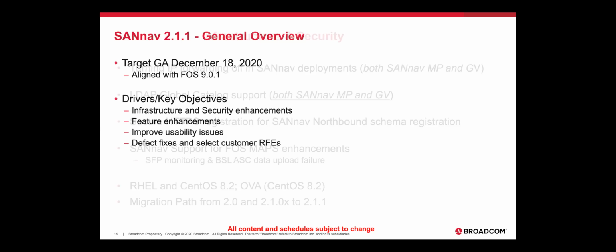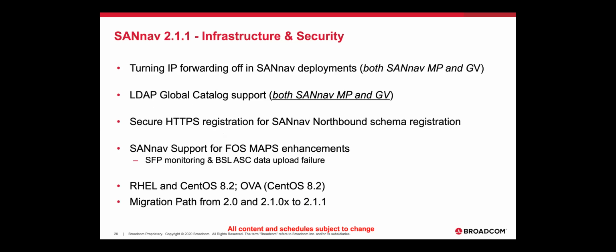So to give you a brief idea, we have infrastructure and security. Previously in SANnav 2.1, we used a Docker default architecture, which dictated that IP forwarding was turned on on the Linux server where SANnav was installed. However, this has security issues.